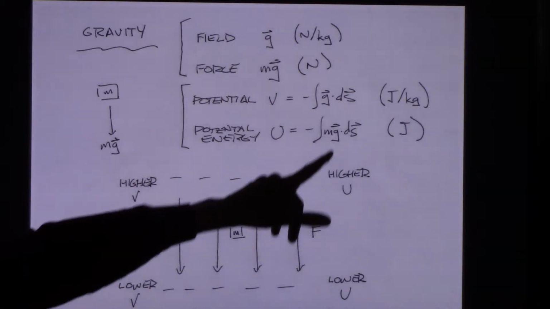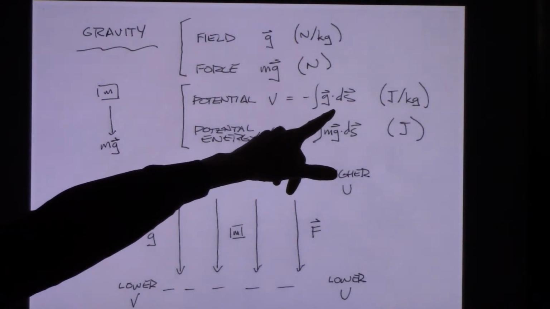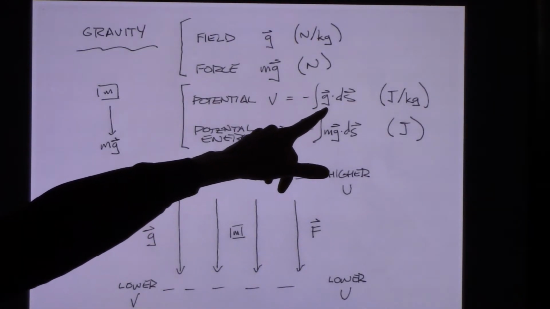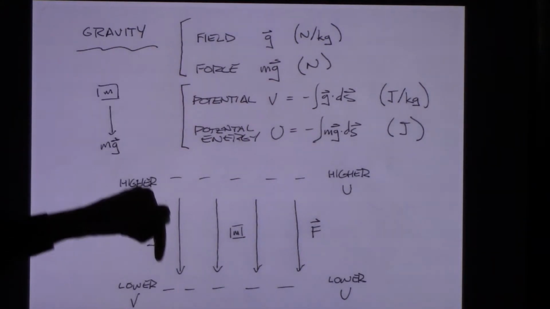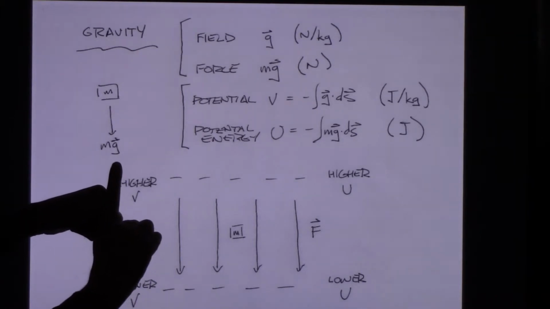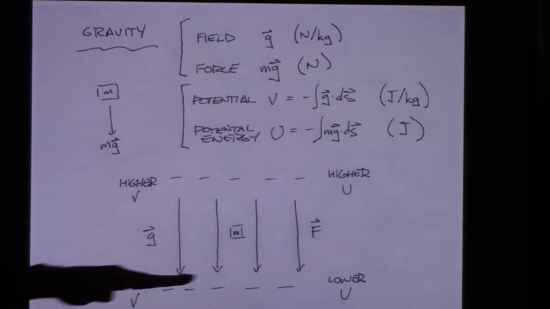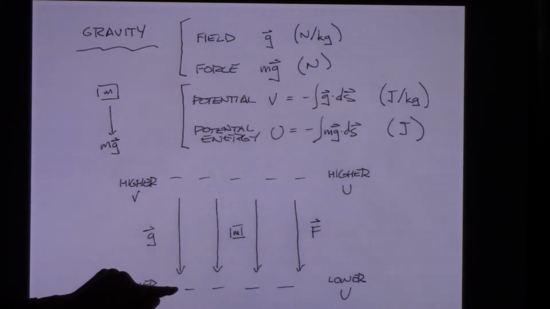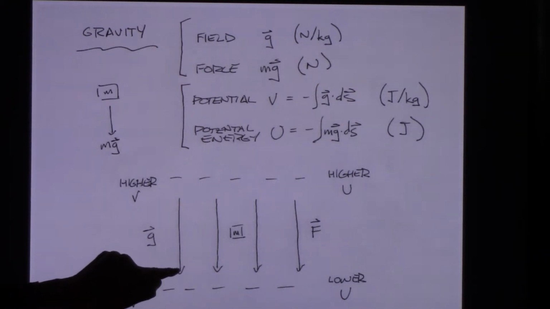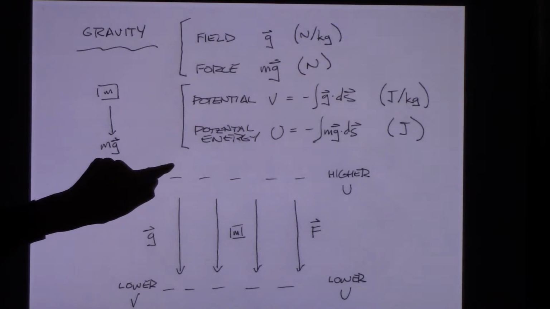So by reversing the direction of the ds, that dot product now has a cosine of 180. The gravitational field is still downwards, but the ds is upwards. And that says that I can drop in gravitational potential, and I can switch and go back up in gravitational potential.